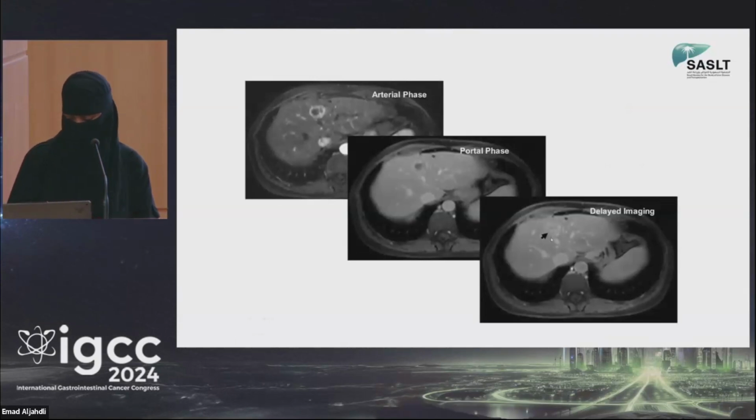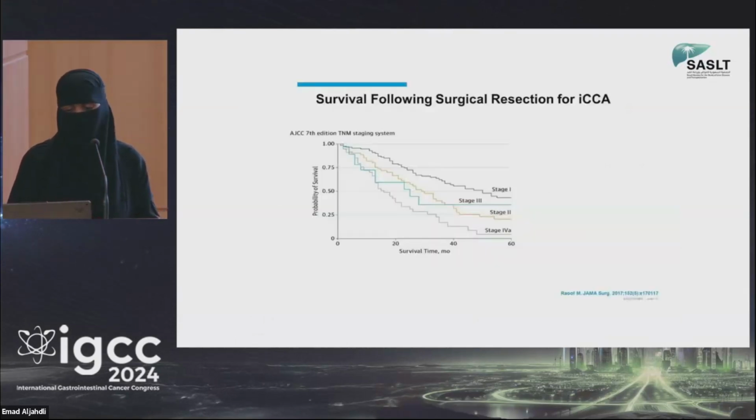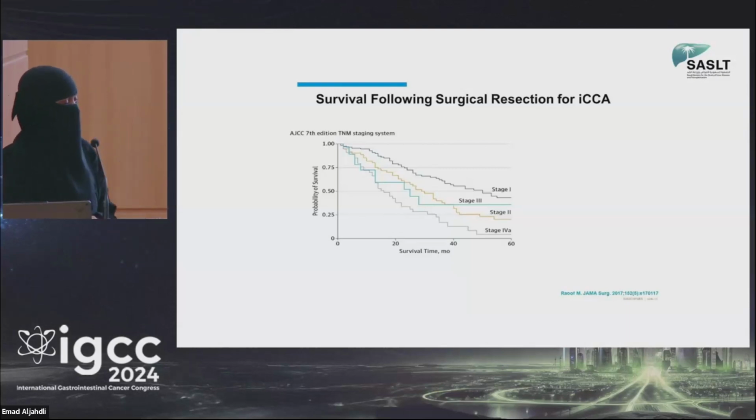Comparing HCC to cholangiocarcinoma, the survival after surgical resection is not so impressive in patients with advanced cholangiocarcinoma. However, patients with early stage tend to have acceptable 5-year survival. I'll show another slide for that. Patients with stage 2 and 3 fall in between. However, most of the patients would survive at least 60 months.